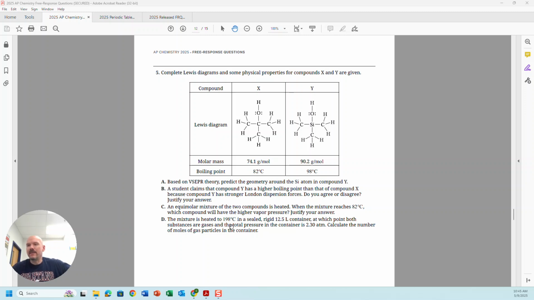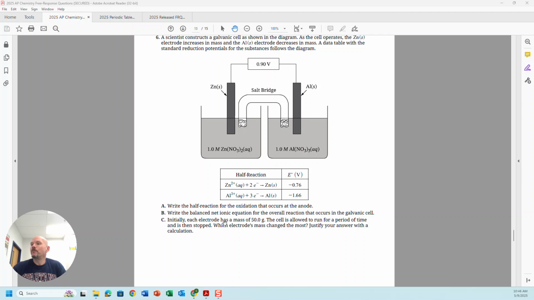I was like, there's an ideal gas law question on the test, and yeah, there was, and I just skipped right over it, distracted by other things. So, make sure you read every question. D is very easy, all you're doing is plugging in your numbers. If you remember to convert your Celsius to Kelvin, it's a really simple point to get right here.